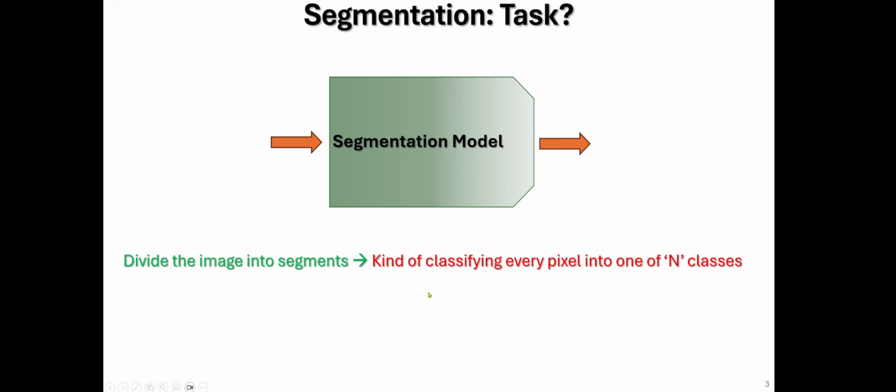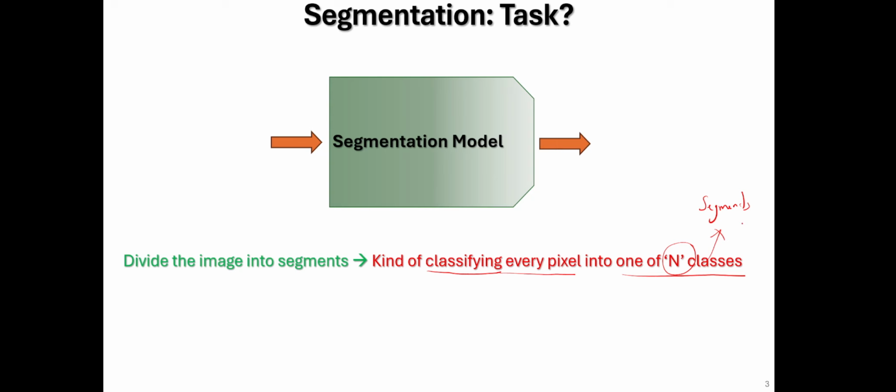In today's topic, we will discuss segmentation. Segmentation is nothing but you take an input image and divide it into different segments. We can think of this as classifying every pixel into one of the n classes, so in this case the classes are analogous to the segments.